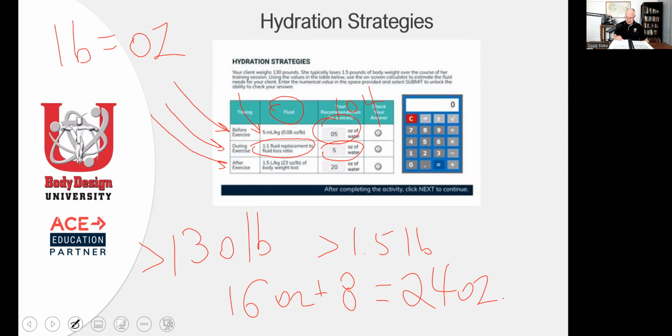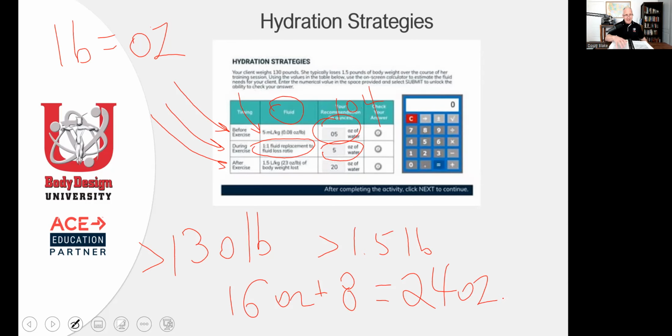However, what I want you to do is look down at page 199 where I was reading. That's your 1-to-1 fluid replacement to fluid loss ratio. Now, there is no one size fits all recommendation. Duh, we know this. However, if you are unable to determine the individual needs, in other words, if you don't know their body weight, if you don't know the before and after, and you can't gauge it for the next workout, they have a standard 0.4 to 0.8 liters per hour, which is 8 to 16 ounces per hour.